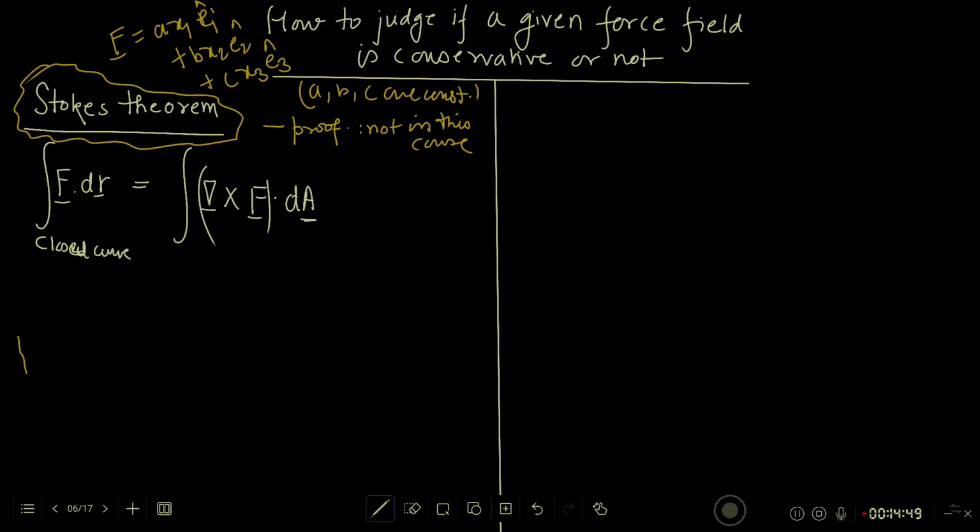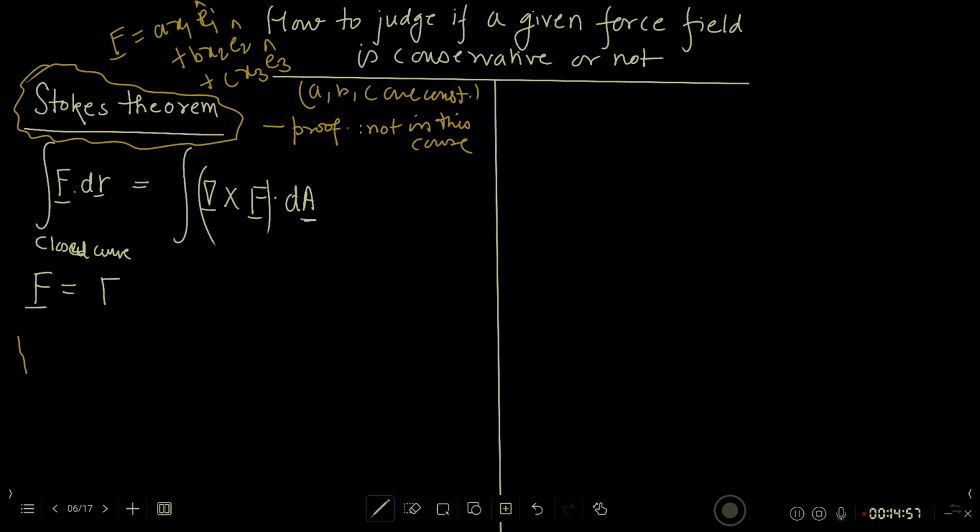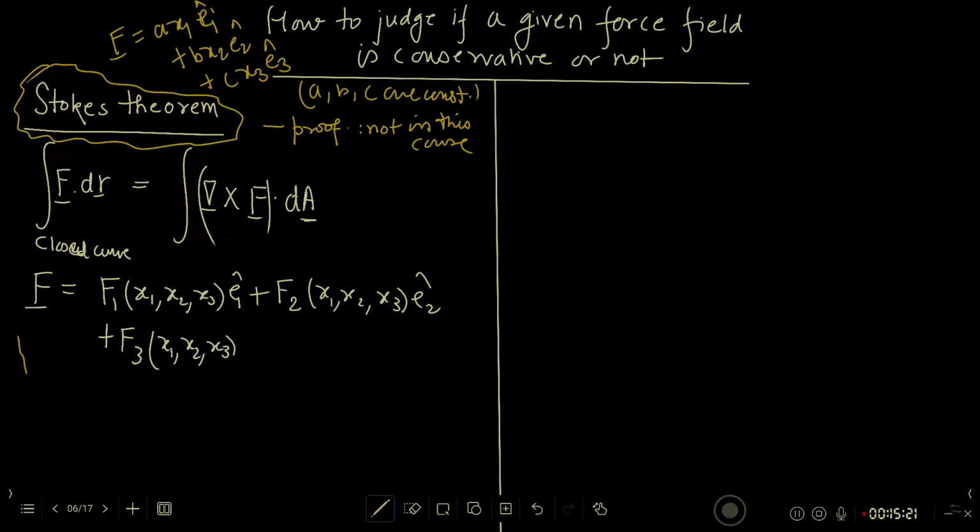In Stokes theorem, this F that is appearing on the left hand side is any vector function which depends on space, like our conservative force field or like any force field. This is a vector function because it has three components and those components do depend on space.